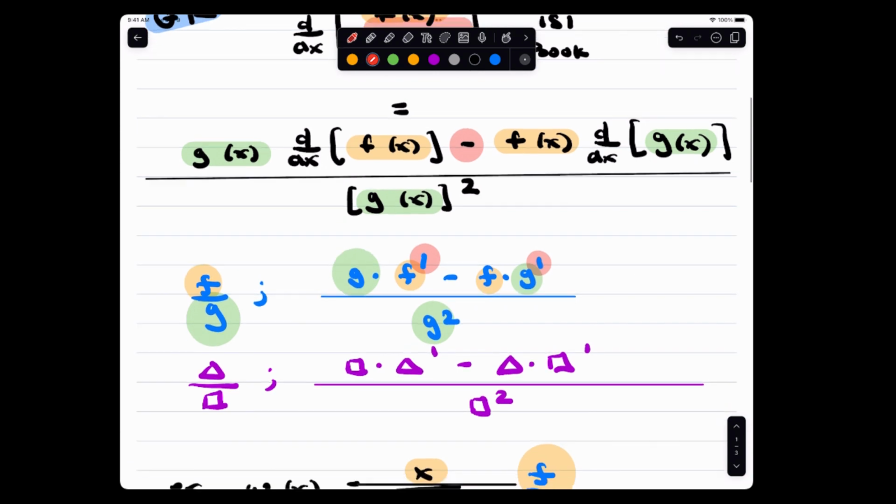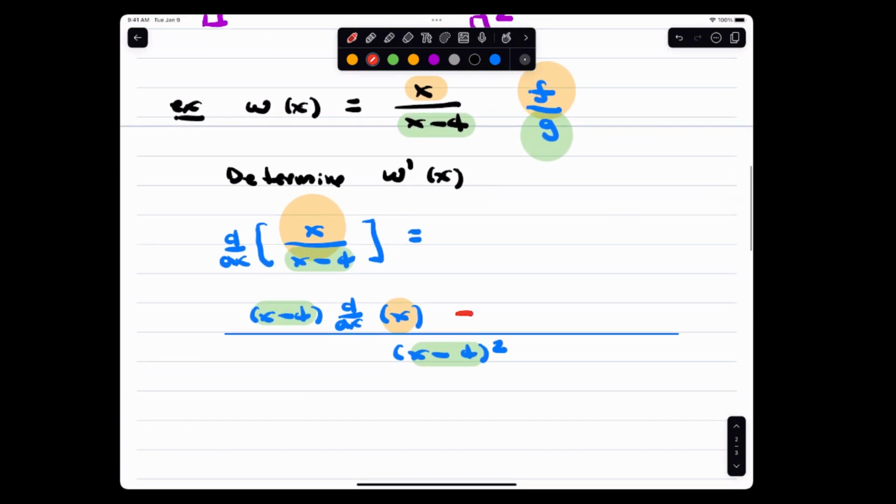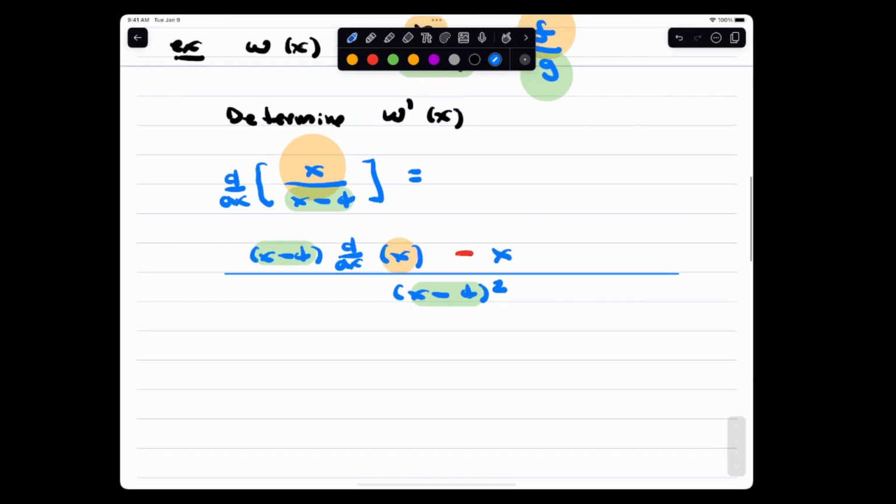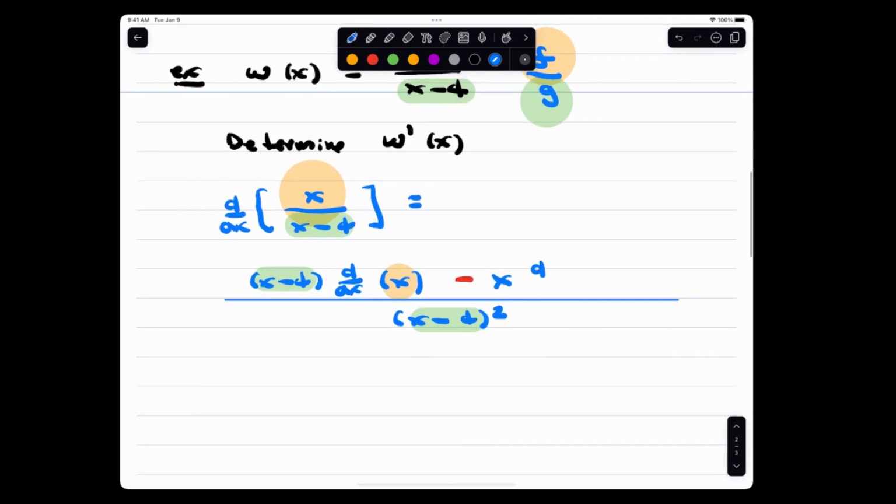Put the f there and differentiate g. Derivative of x is 1. The derivative of x minus 4 is also 1. Is that true? All right.